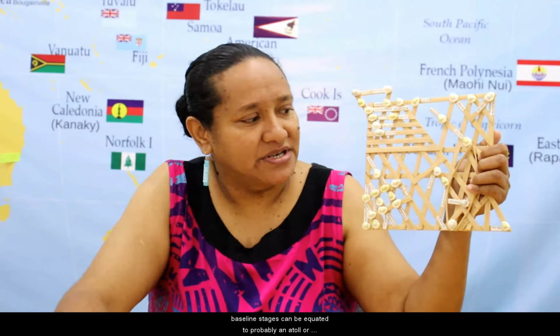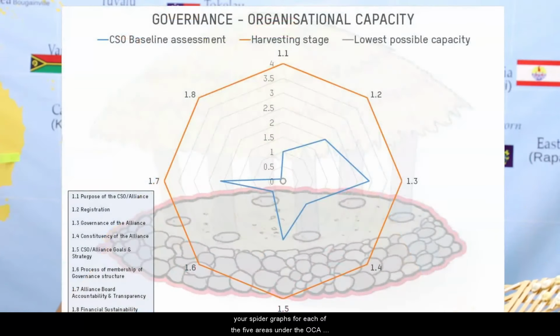Each of these rankings or baseline stages can be equated to probably an atoll or an island in your ocean sphere. By now, you should have already seen and examined your spider graphs for each of the 5 areas under the OCAT guide. You will now have a good idea of where your CSO's strengths and weaknesses lie, as well as the amount of work involved to shift your CSO's capacity.